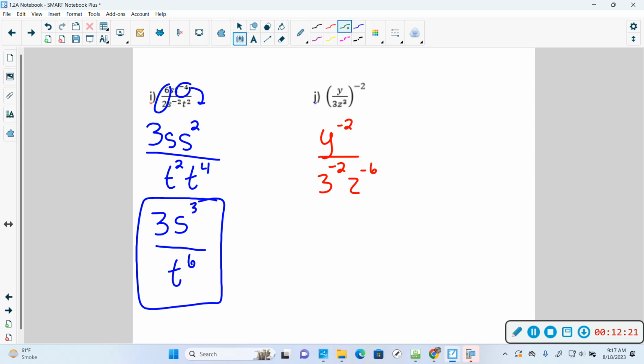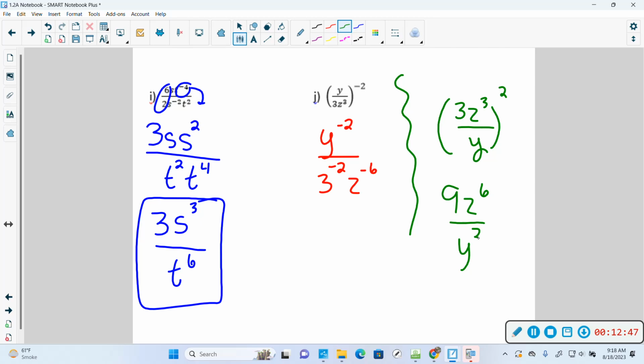I'm going to show you how I would probably do it. So if I want to change the negative 2 to a positive 2, remember, it's all about flipping the fraction to change the sign on the powers. I'm just going to flip the fraction right now. And then I can change that to a squared. Well, I can square pretty easy in my head. 3 times 2.